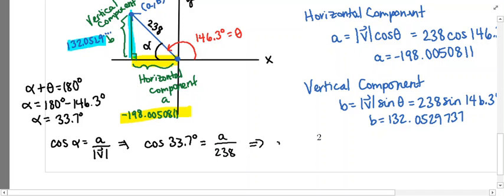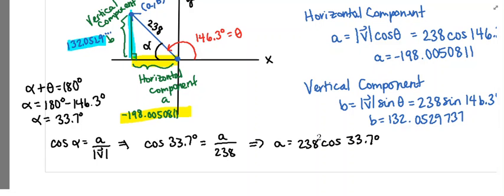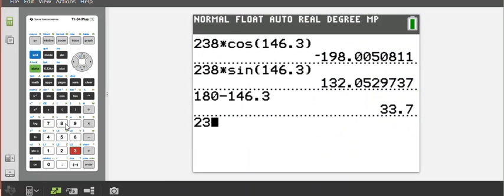So A is 238 times the cosine of 33.7. I'm just using the information from inside the right triangle. If I went this route, look what happens. You do 238 times the cosine of 33.7.